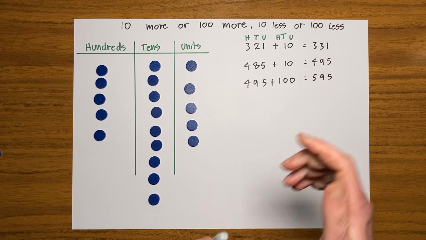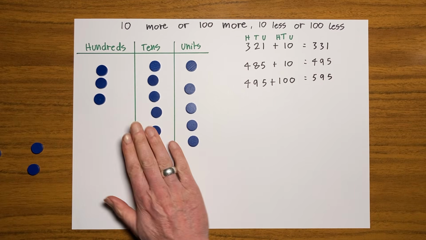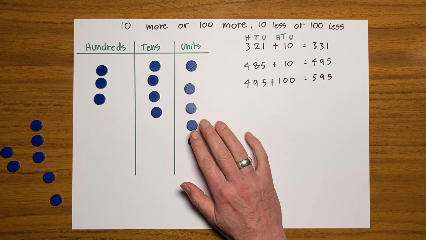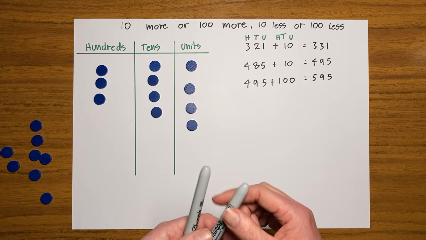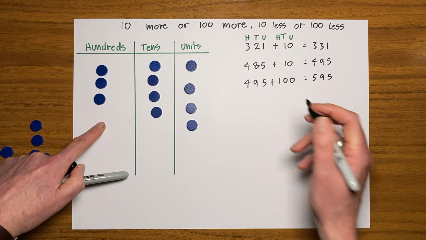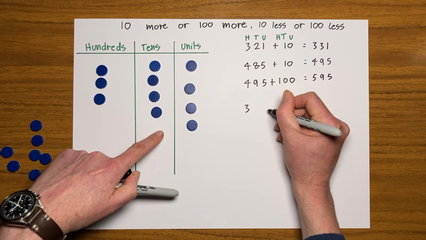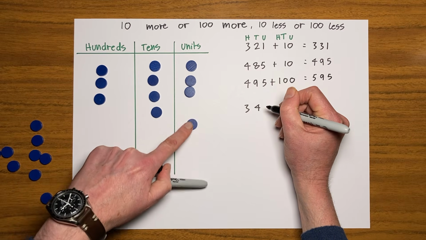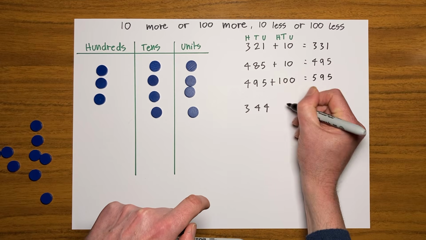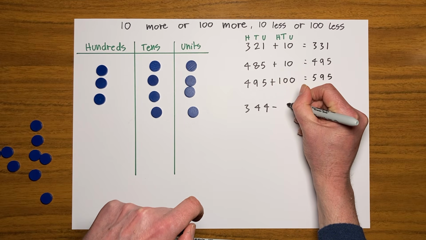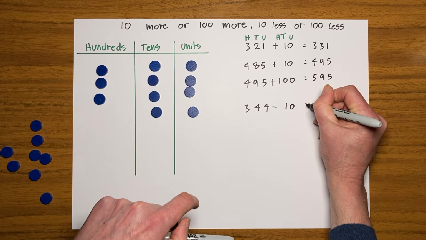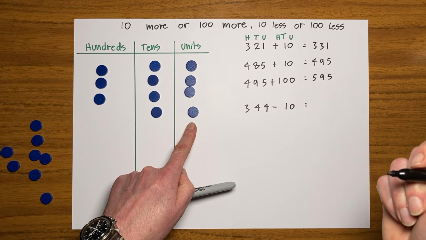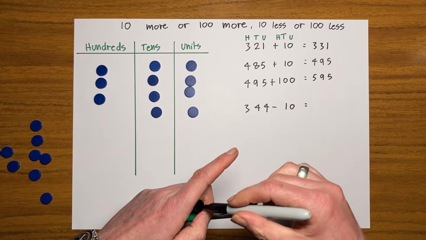And it's exactly the same when we're taking numbers away. So let's go to this here. So this number now is, you'll be able to tell me, 344. And this time I want to take away 10. So I'm not taking away any units, but I am taking away a 10.